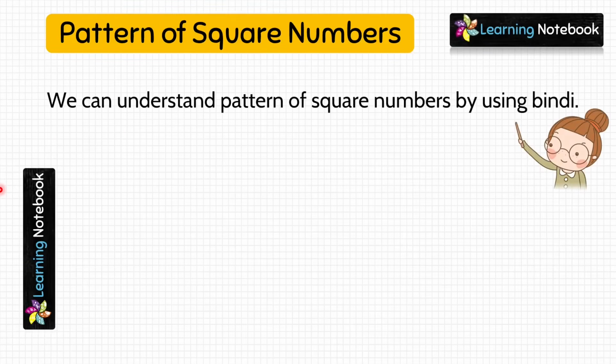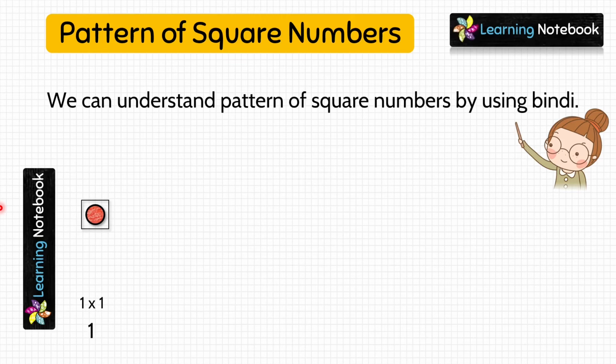Students, let's understand pattern of square numbers. By using bindis, we are going to do an activity to understand square numbers using bindis. To get a square number, we have to arrange the bindis in square shape. So first paste 1 bindi. So it resembles 1 into 1 equals 1 bindi.